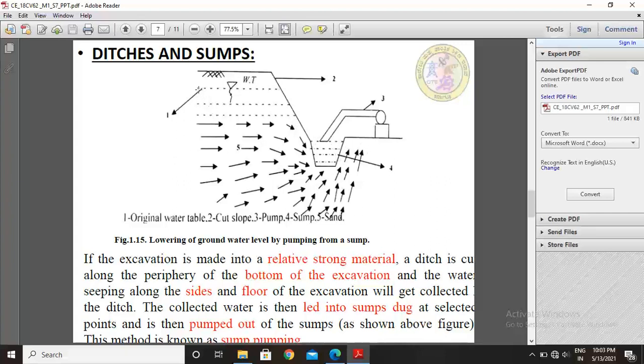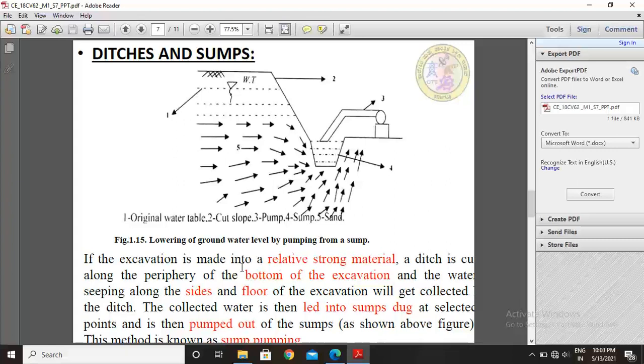First one is the original groundwater table. Second, this is pump, and fourth one, this is sump. Fifth, this is sand. So these are the sands. Okay. So this diagram explains the lowering of groundwater level by pumping from a sump. How groundwater level is lowering.